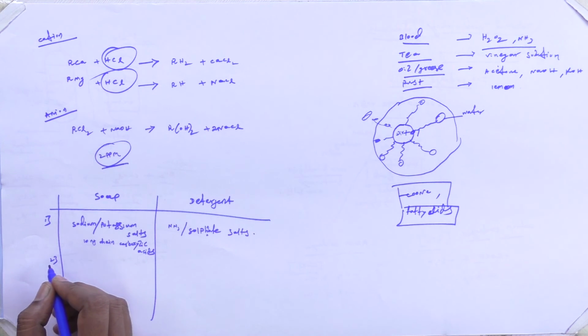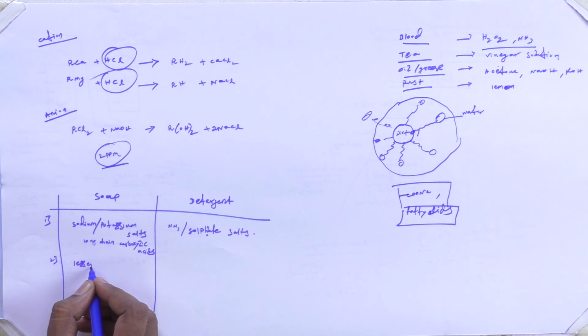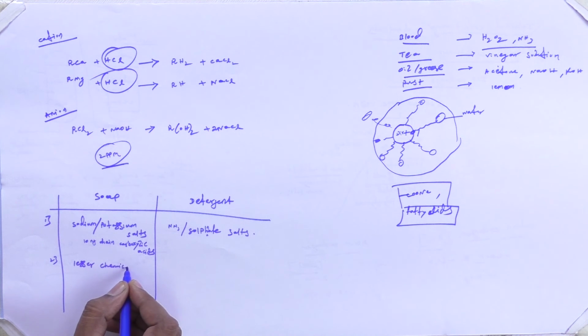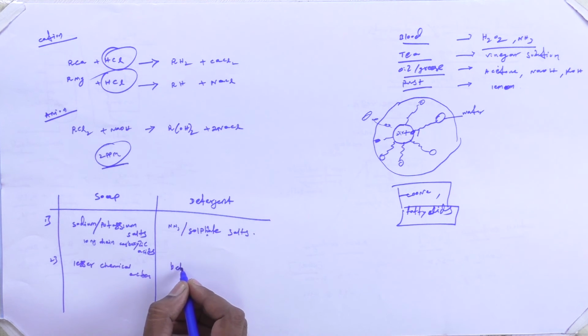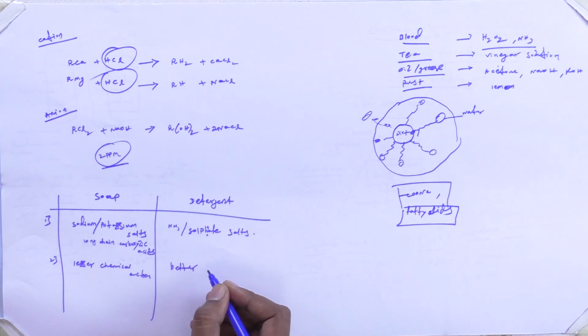The second point: soap has lesser chemical action, while detergent has better chemical action compared to soap.